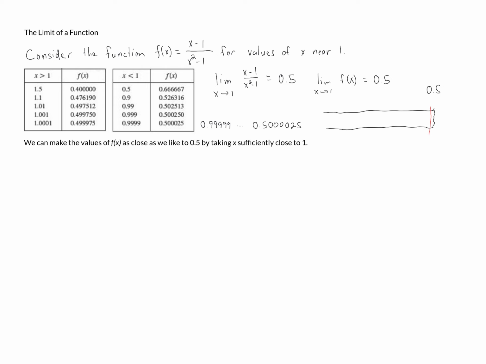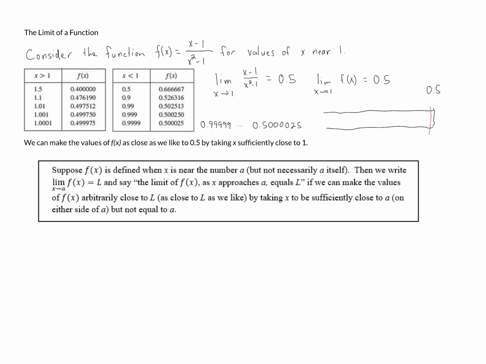So what we need here is that not only are we getting closer to 0.5, but there's not a barrier before that where we stop getting closer and we don't get past that barrier. So now that we've discussed that, we can give a bit of a definition for what a limit actually means mathematically.